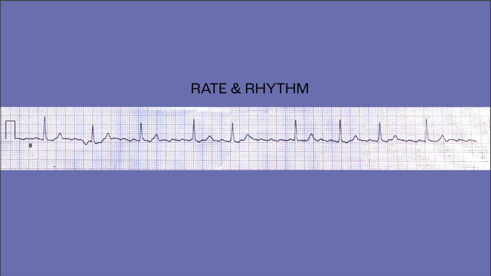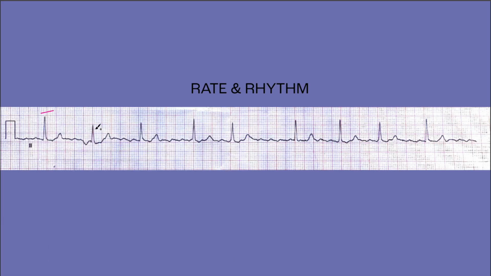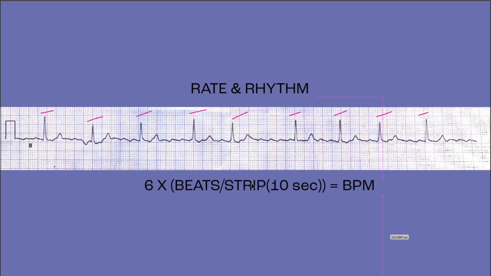But what I'm going to do is just measure how many QRS complexes I have on this strip here. 1, 2, 3, 4, 5, 6, 7, 8, 9. Now there's 9 ventricular responses or QRS complexes here. The heart rate is measured in beats per minute, right?